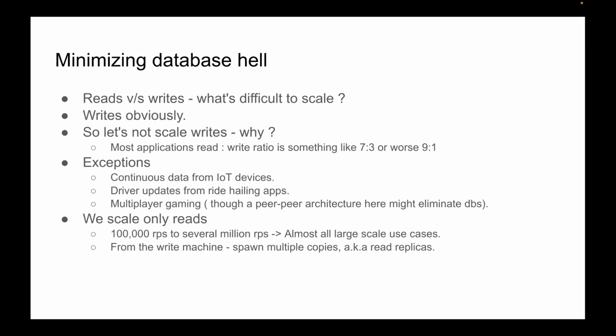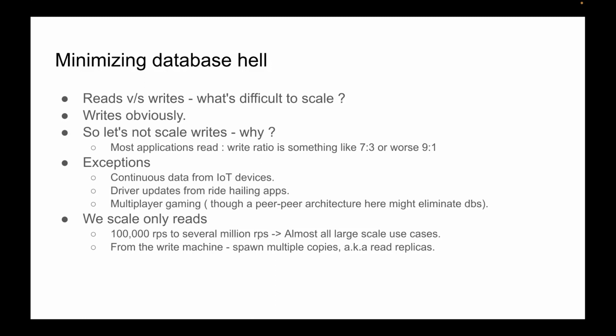From the single machine where, let's say, I'm taking the writes, I will just spawn multiple copies, commonly known as read replicas. So I'll spawn multiple copies, which means that each copy server can now handle a specific set of reads.